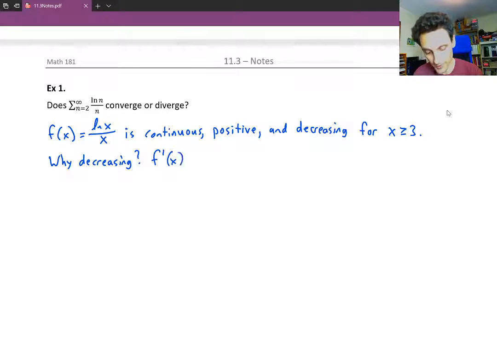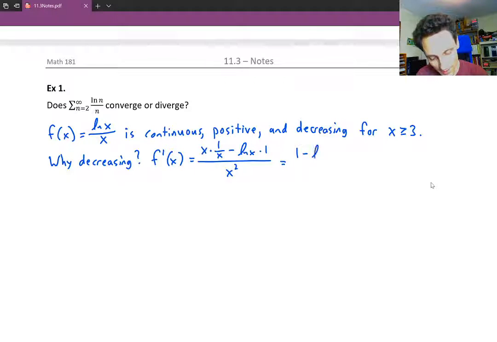So let's take the first derivative. I'm going to use the quotient rule. I'll sing my little quotient rule song: low d high minus high d low over low squared. And we've got 1 minus ln x over x squared.